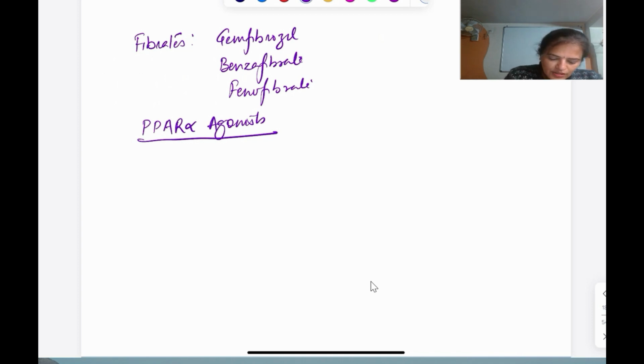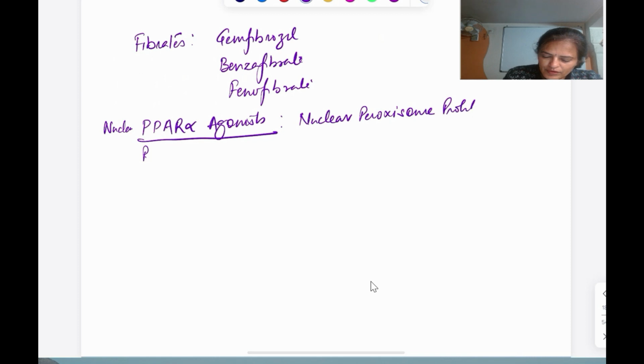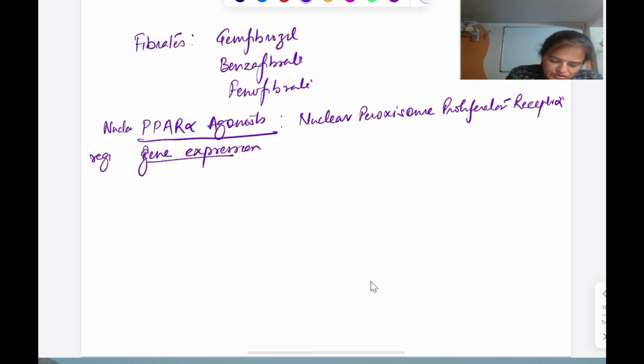What is this? Nuclear peroxisome proliferator-activated receptor alpha agonist. And what kind of receptor is this? They are the receptors which are going to regulate gene expression.